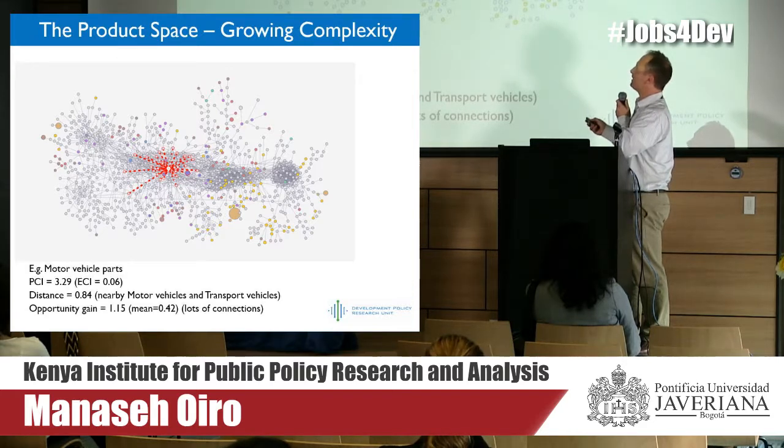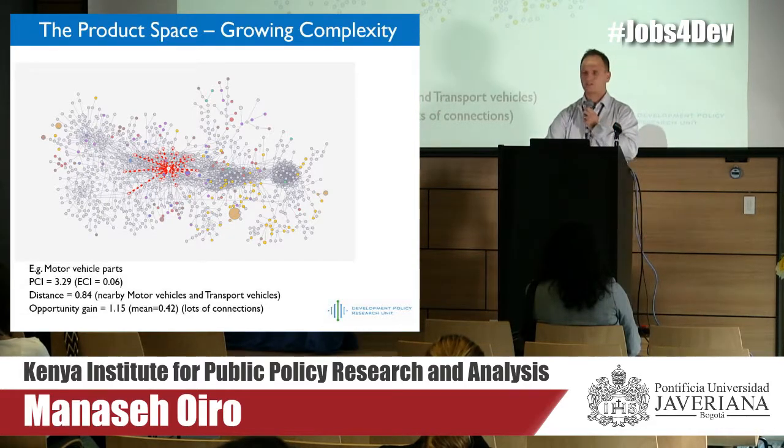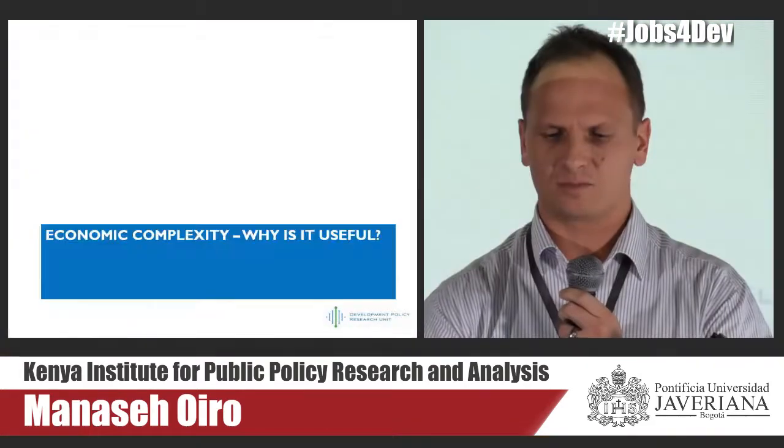So there are many future diversification options once you get into motor vehicle parts. That's the opportunity gain of shifting into them. It's relatively high: 1.15, whereas the mean is 0.42 in the South African case. So that's graphically what those measures mean. Okay.